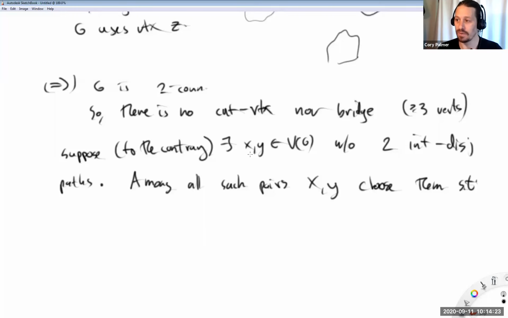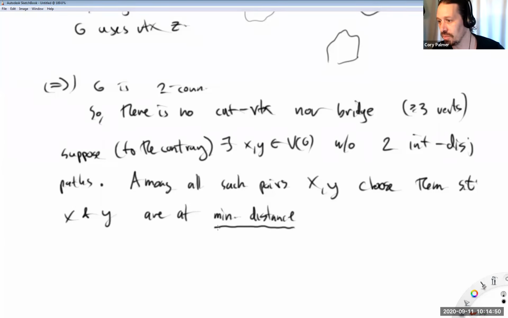There may be another pair of vertices that has 10 paths between them and is shorter, but I want to choose the pair of vertices with only one that's of shortest length in addition, okay? So choose such that x and y are at minimum distance.